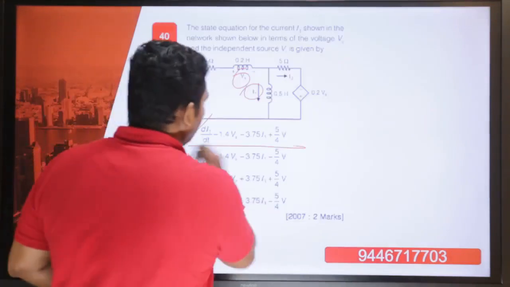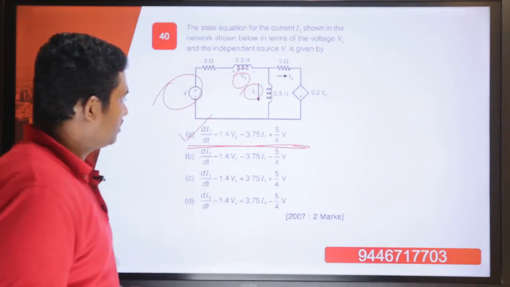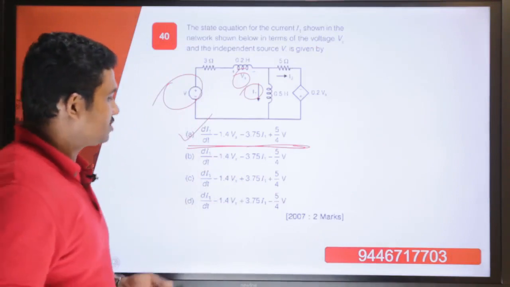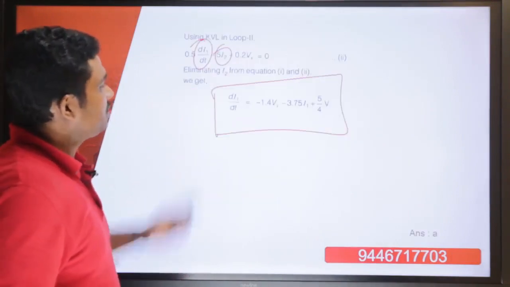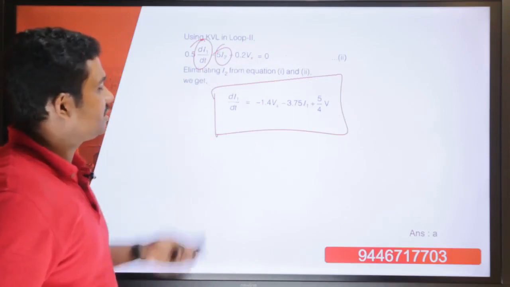You will have to do it by yourself and find the conclusion of the equation. It is only mathematical. When you solve this, you will get this expression.